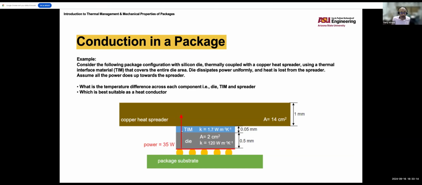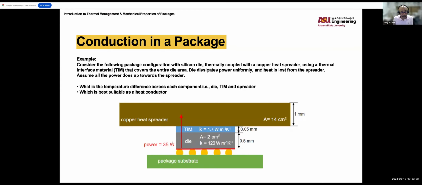So when I have the TIM with the surface area equal to the die, and this is a very short distance, I can approximate the temperature in one direction, 1D. We have that assumption to allow us to take all the heat into the copper heat spreader.